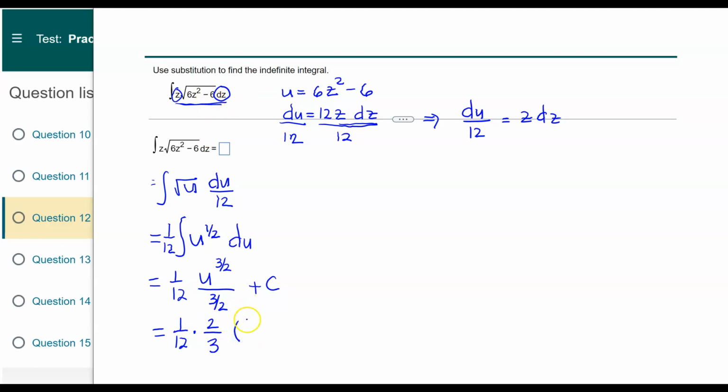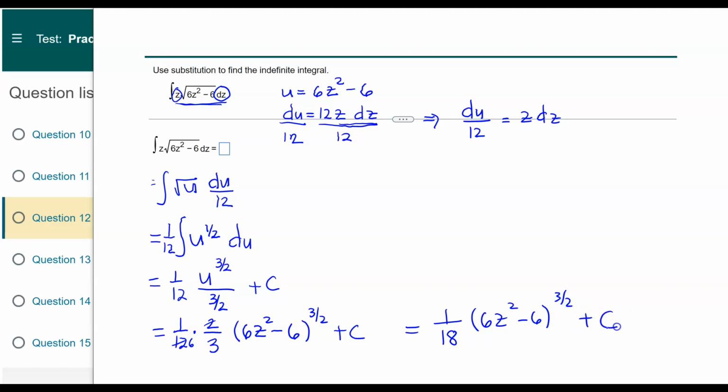Our u is (6z squared minus 6) to the 3/2 plus c. Okay, then that could be simplified. So now you have 6 times 3, which is 18. So you could write the answer as 1 over 18 times (6z squared minus 6) to the 3/2 plus c.